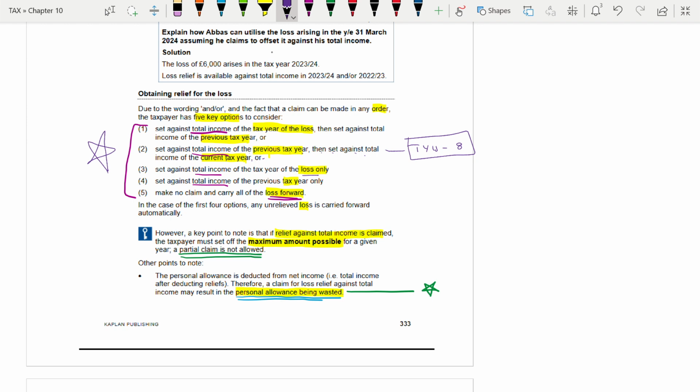See, very simple. First take the current year and previous year, then second one previous year and current year, third one is current year, the fourth one is previous year.